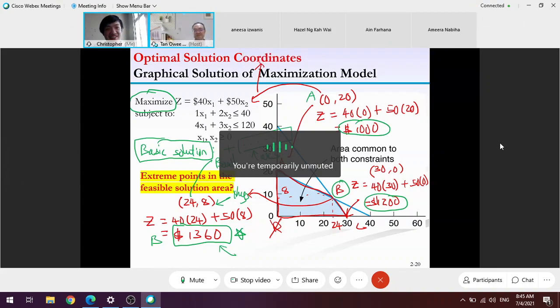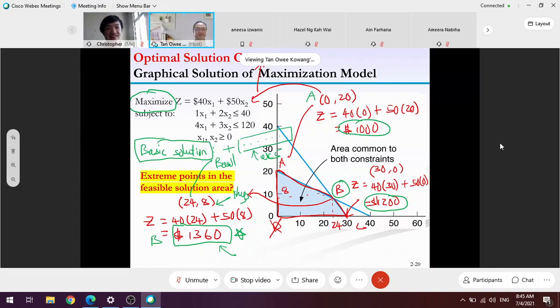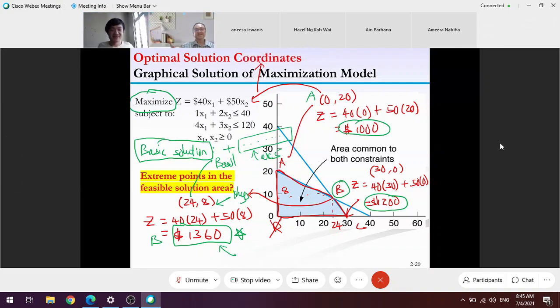But for me, I tell you, this is really very practical. The one that we're discussing here only involves two variables. In real life, I mean in the industry, the decision variables are more than that. From a tutorial, you will know that decision variables are always more than that.